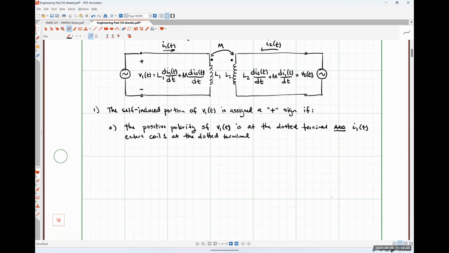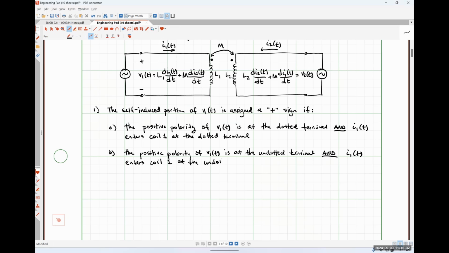The other condition is the positive polarity terminal of V1 is at the undotted terminal and I1 enters coil 1 at the undotted terminal.